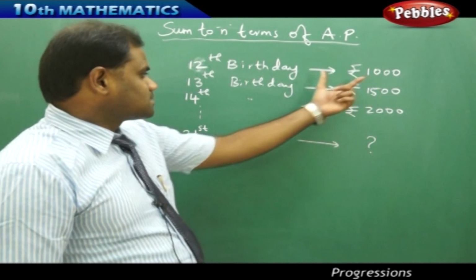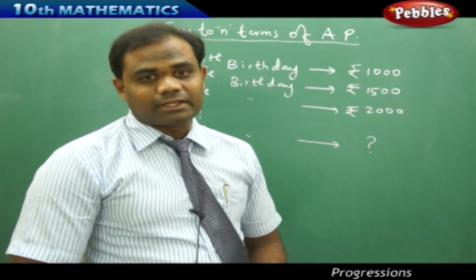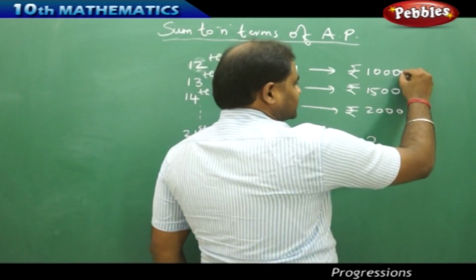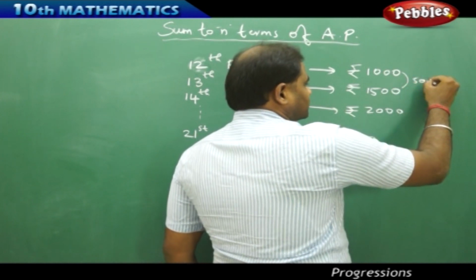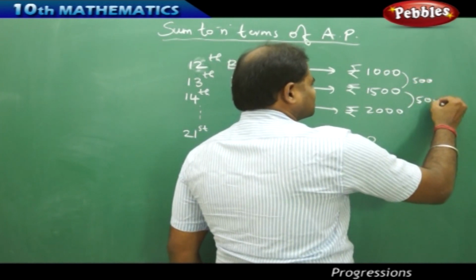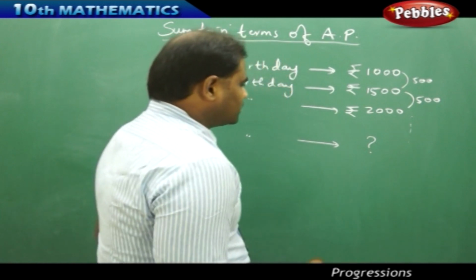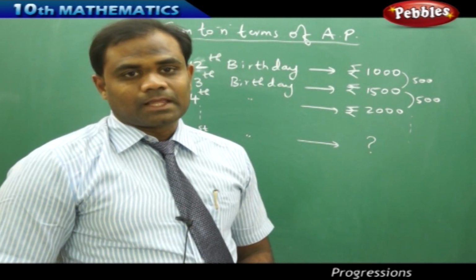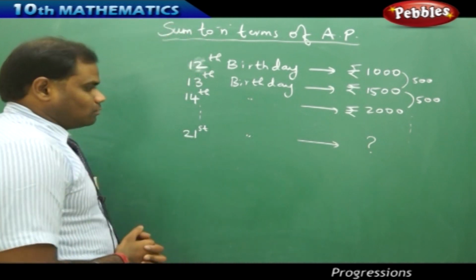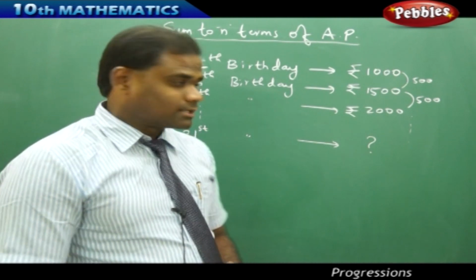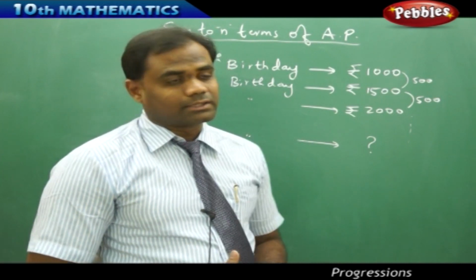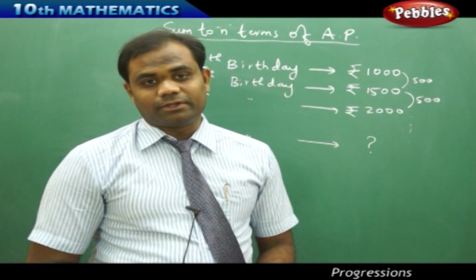This has helped me identify that this is an arithmetic sequence, because when I take the common difference, I find that it is the same, and therefore this forms an arithmetic progression. Now I wanted to know the pocket money I would get on my 21st birthday.